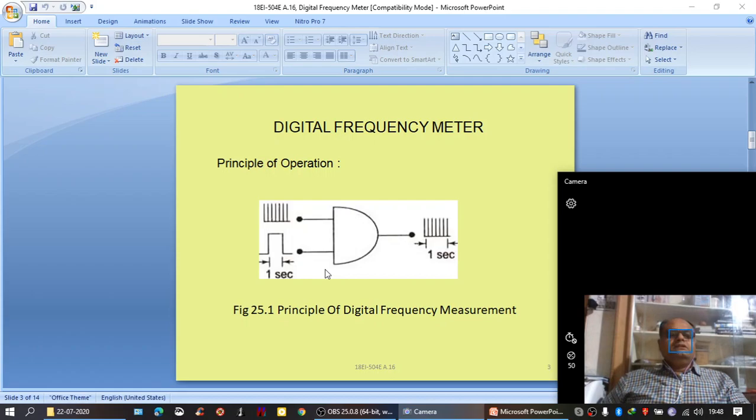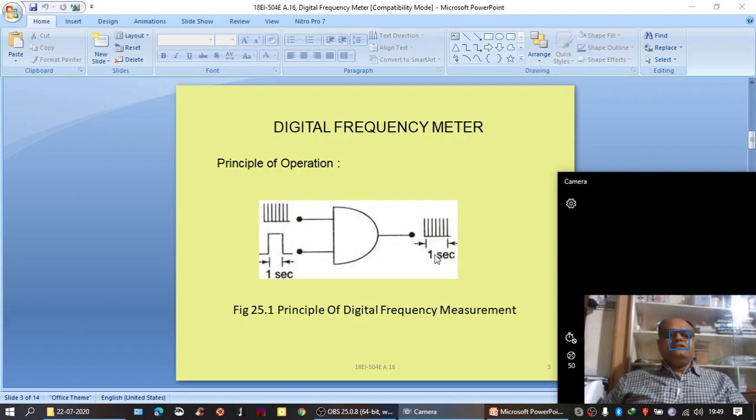That is, the pulse will remain high for a duration of 1 second, and during that period only, that is, during the period for which the pulse signal is high, the unknown frequency signal is allowed to pass through the gate, and the output of the gate is connected to a counter, a digital counter.